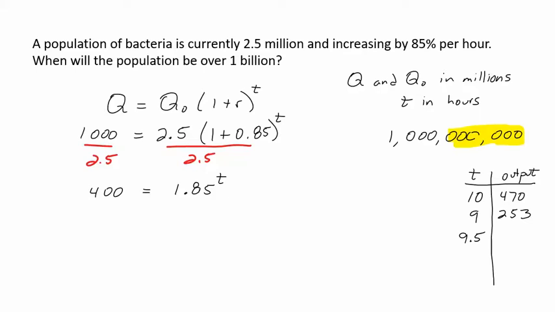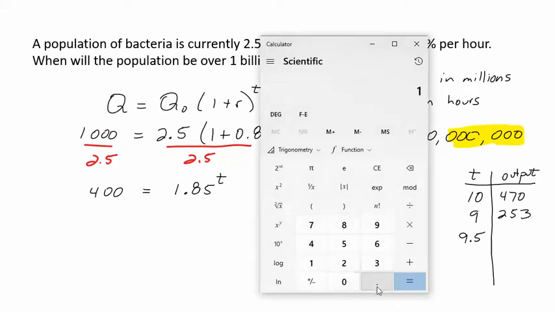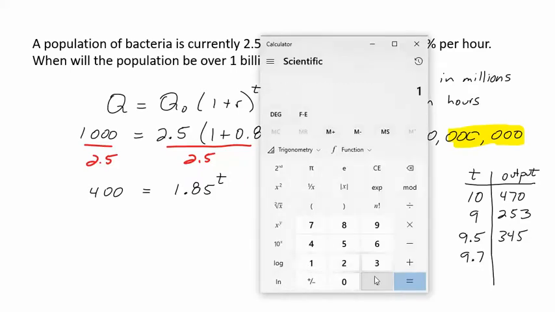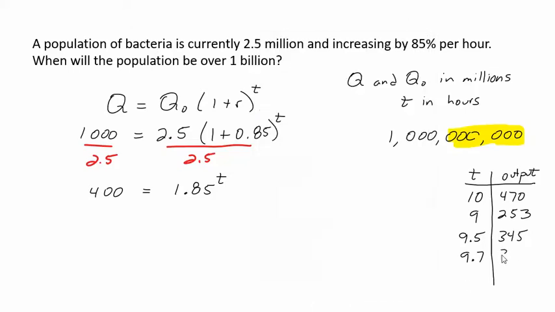Let's try 9.5. 1.85 to the 9.5. That's 345. Okay, so we know it's more than that. Let's try 9.7. 1.85 to the 9.7. That's 390. We're getting pretty close.